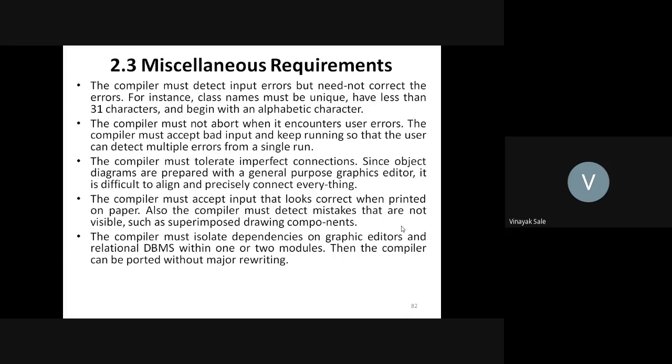Also, the compiler must detect mistakes that are not visible, such as superimposed drawing components. The compiler must isolate dependencies on graphics editors and RDBMS within one or two modules. Then the compiler can be ported without major rewriting.